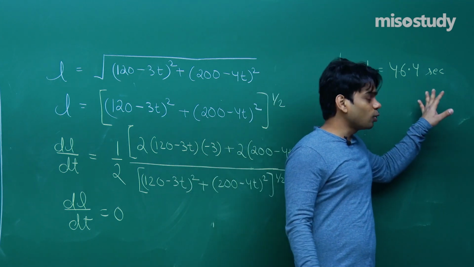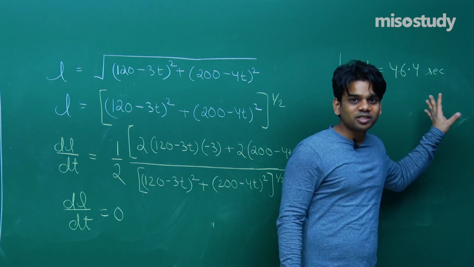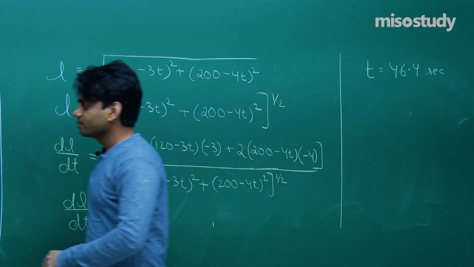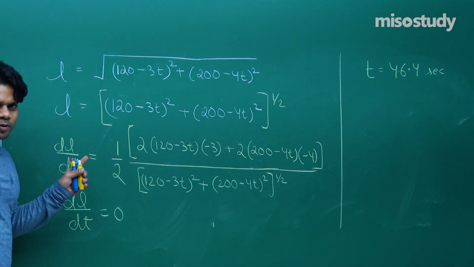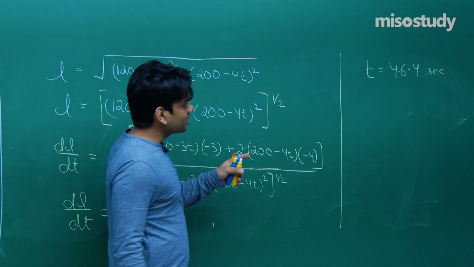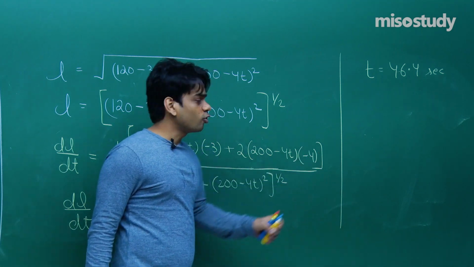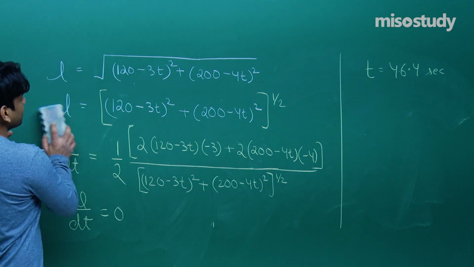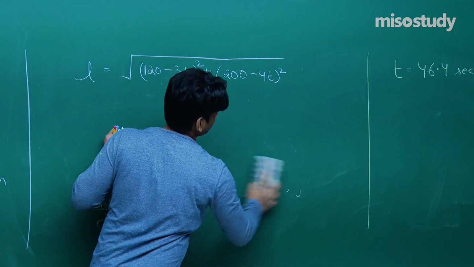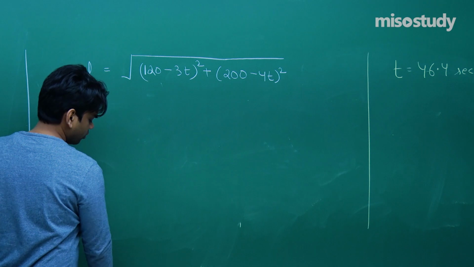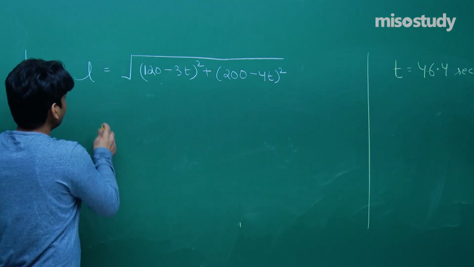So what you do, take note till here for the entire statement, and let me start from the other end. I believe that you would have taken down t equals to 46.4 second, and after this let me go ahead and find out the minimum value of L. So the L formula is this. If I put here t equals to 46.4, although calculations are involved, we can easily solve this.